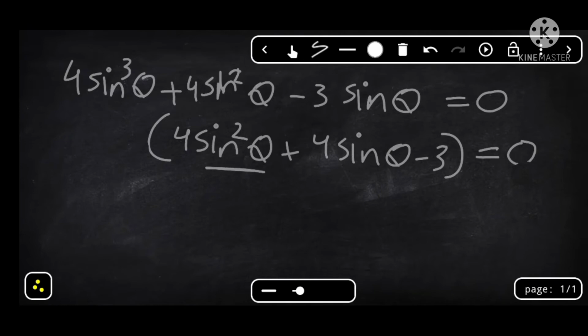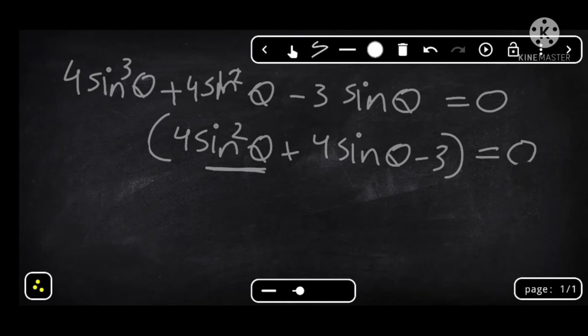If we write a polynomial in terms of x, it will be 4x square plus 4x minus 3. So in place of x we have sine theta. Clear? So I am going to write the quadratic equation.